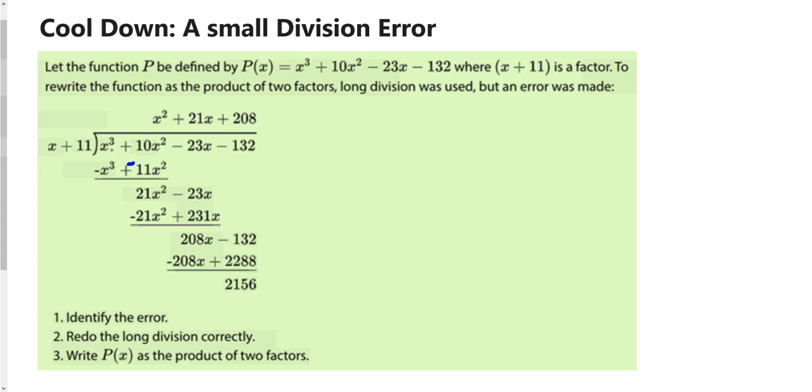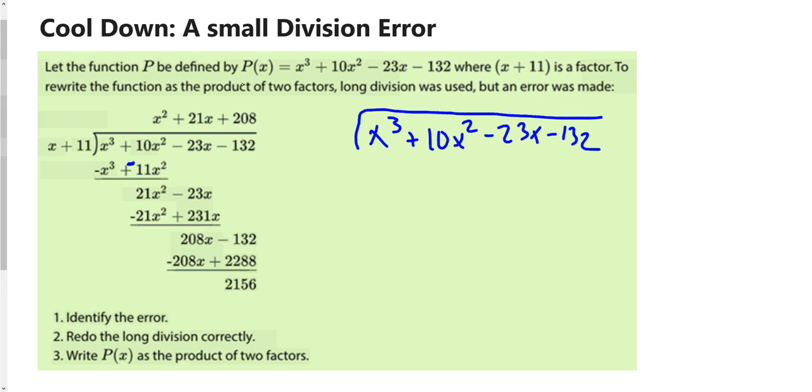So what you should have is not a 21. You get the 11x squared. So x squared, x to the third, 11x squared. They forgot to change the sign on the 11. That's what happened.